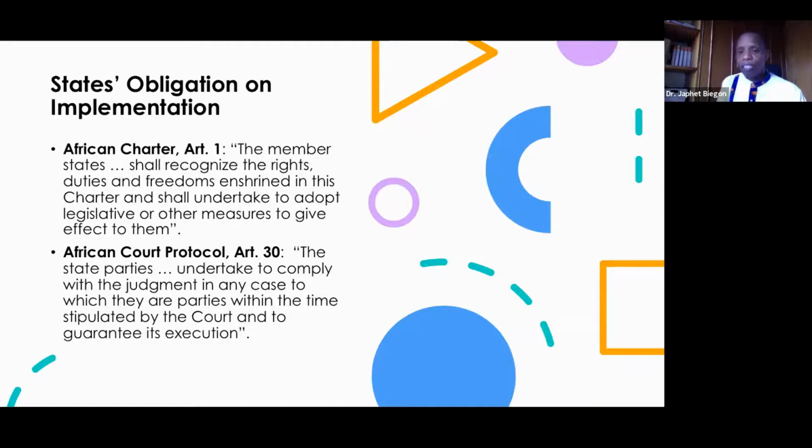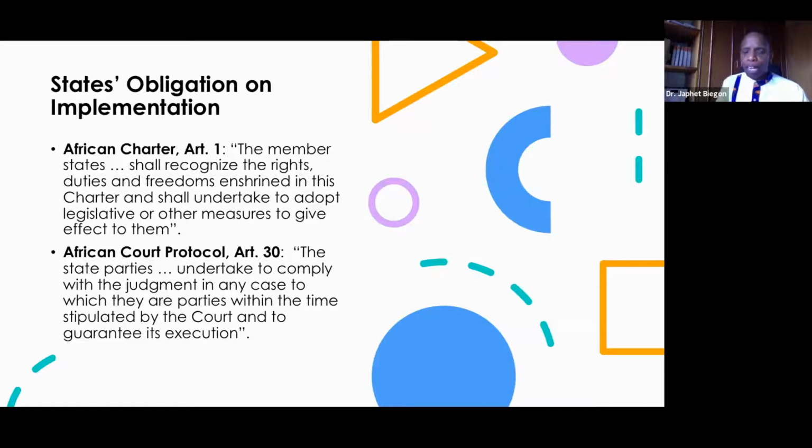So indeed, if you follow the historical development of the Commission and the court, it is this argument about the soft law nature of the recommendations of the African Commission that contributed to the establishment of the court as a judicial body that will be issuing binding decisions that states are duty-bound to comply with.